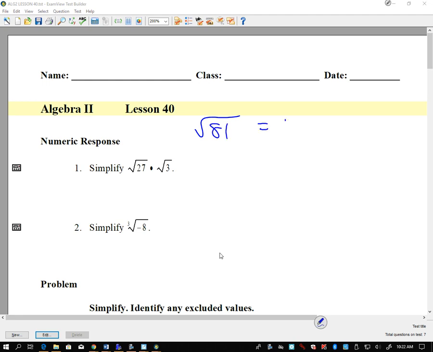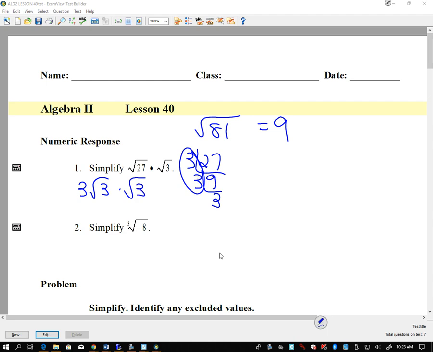9. Okay? Another way that you could look at this is 27. 27 breaks down as 3 and 9, 3 and 3, right? Which means the simplified radical form of square root of 27 is 3 radical 3 times radical 3, right?